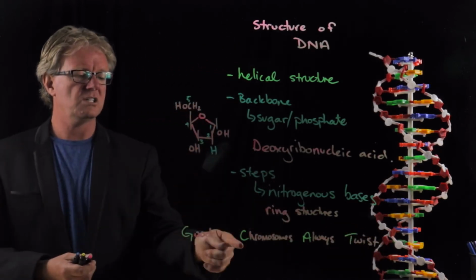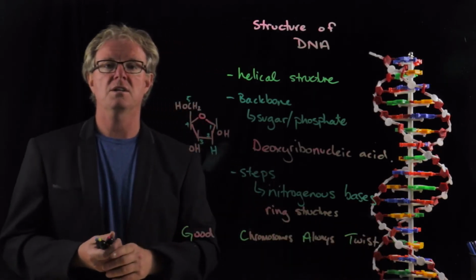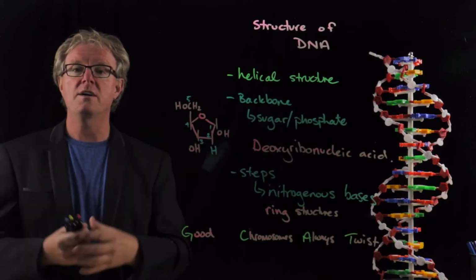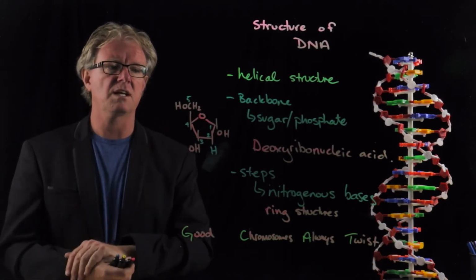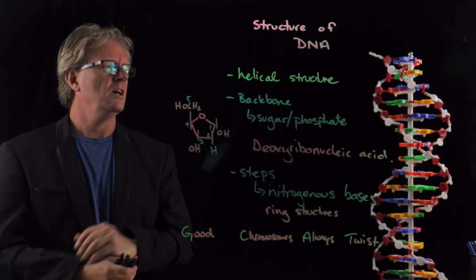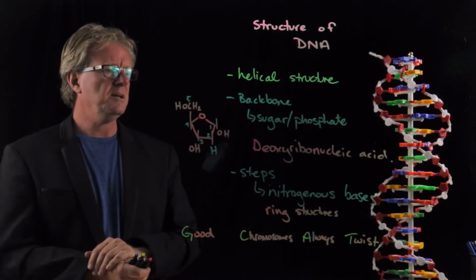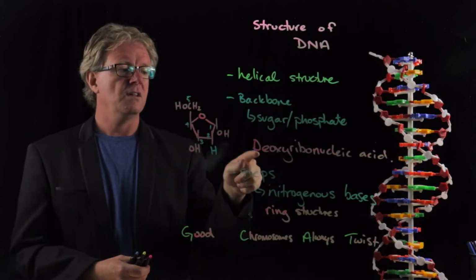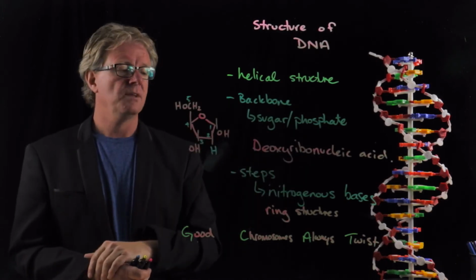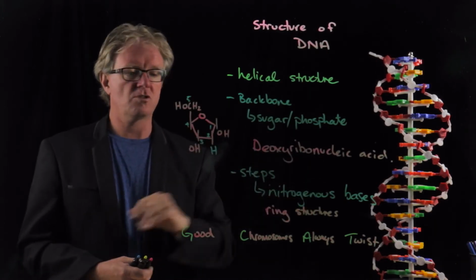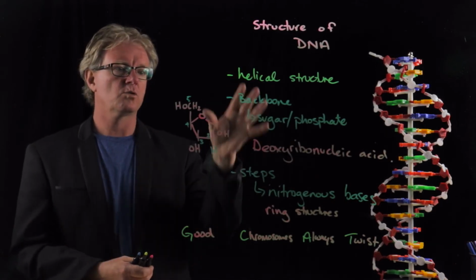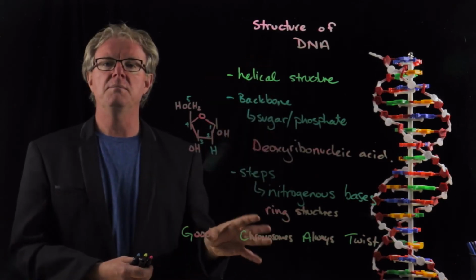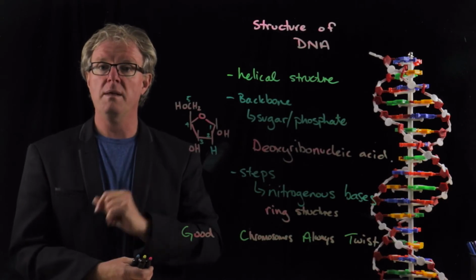Okay, so the G and the C combine with each other, A and the T combine with each other, and they do so by using hydrogen bonds. The hydrogen bonds connect them together. We'll draw that up soon. So that's the basic structure of DNA: helical structure, sugar phosphate backbone, the deoxyribose sugar, and then we have the steps, the nitrogenous bases. I'll draw it up a little bit in the next section, and we'll talk about that.